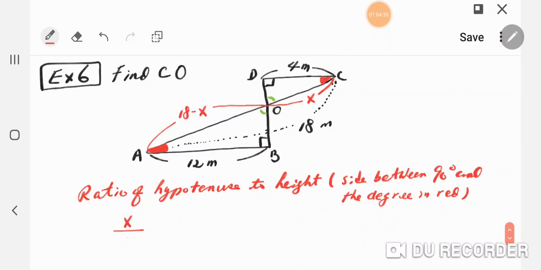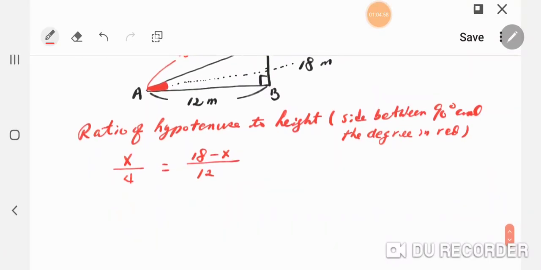Height is the side between the 90 degree angle and the degree in red. That is equal to, from the larger triangle, the hypotenuse, which is 18 minus X, over 12, because 12 is the side between the 90 degrees and the degree in red.